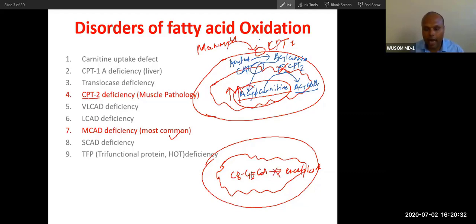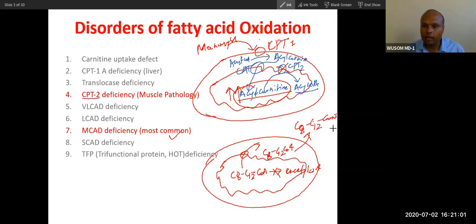As a result, when acyl coenzyme A is very high inside the cell, it can go back outside the cell, and then this type of fatty acyl coenzyme A, C8 to C12, can convert into C8 to C12 carnitine.